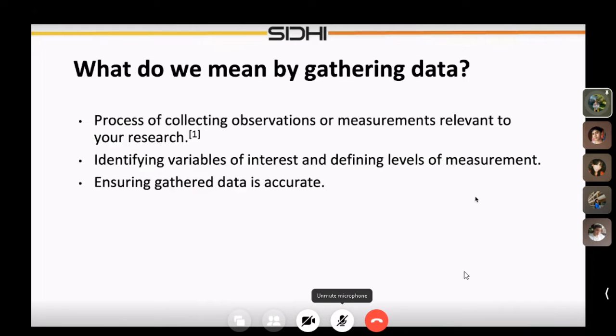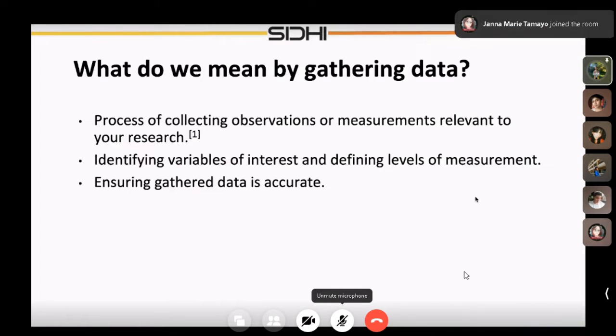So when we say we're gathering data, it's just a general process of collecting observations or measurements relevant to your research. Let's say you're doing plant research or a general survey of a user base from a website. Are you collecting the right metrics? Are you collecting the most relevant set of observations?